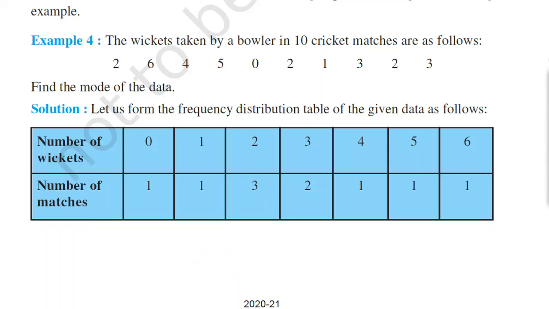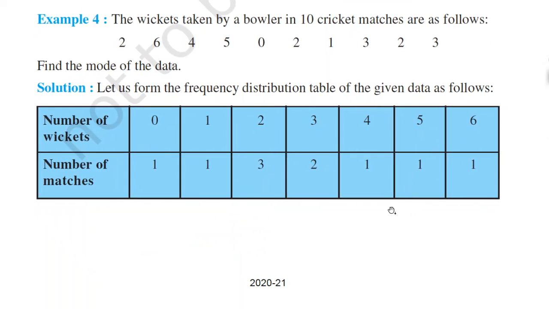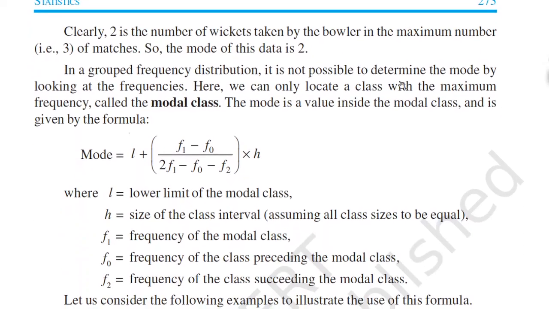Now we will move to grouped data. In case of grouped data, the observations would be like this. Suppose 0 to 10, then 10 to 20, then 20 to 30, and so on.